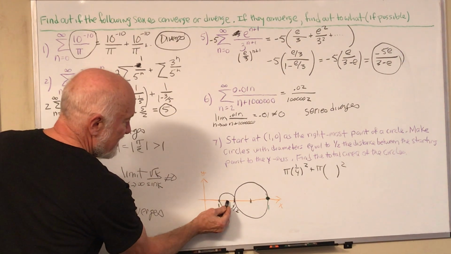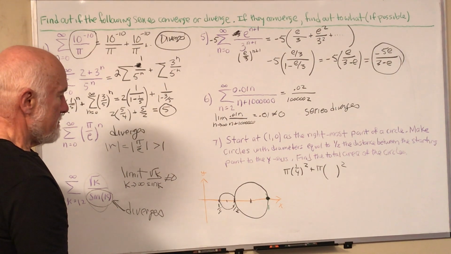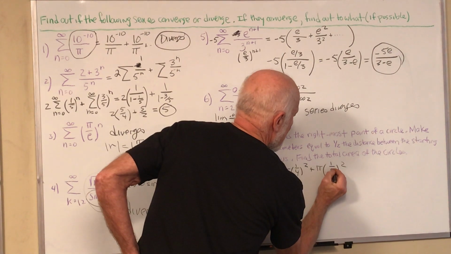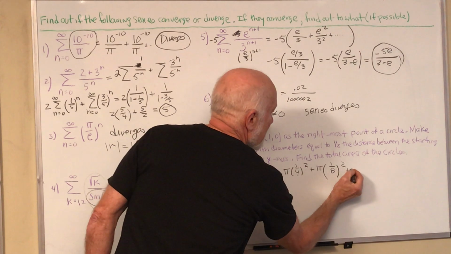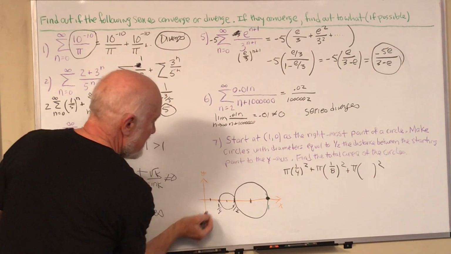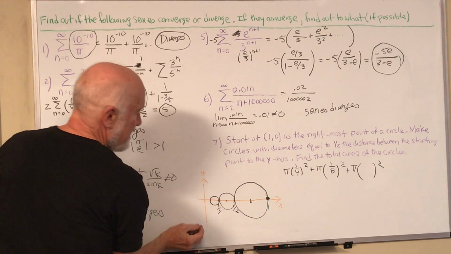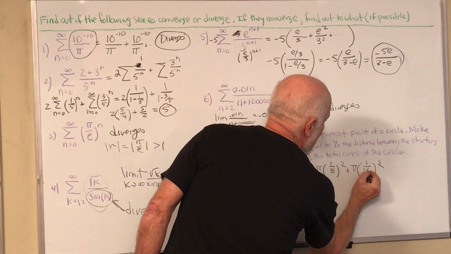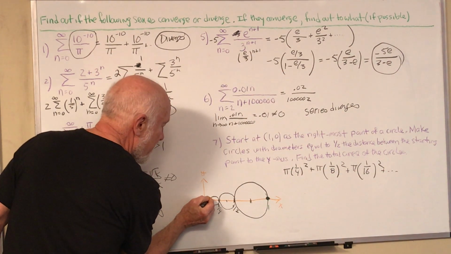Its radius, since this total distance here is 1/4, it's going to be 1/8. And then let's try one more. Now you're going to go to 1/8. So this is going to be 1/16 squared. And you're going to keep going and you're going to make circles forever.